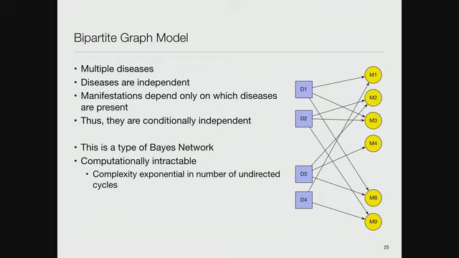So a program I'll show you in a minute had 400 or 500 diseases and thousands of manifestations. And the computational complexity of exact solution techniques for these networks tends to go exponentially with the number of undirected cycles in the network. And of course, there are plenty of undirected cycles in a network like that.